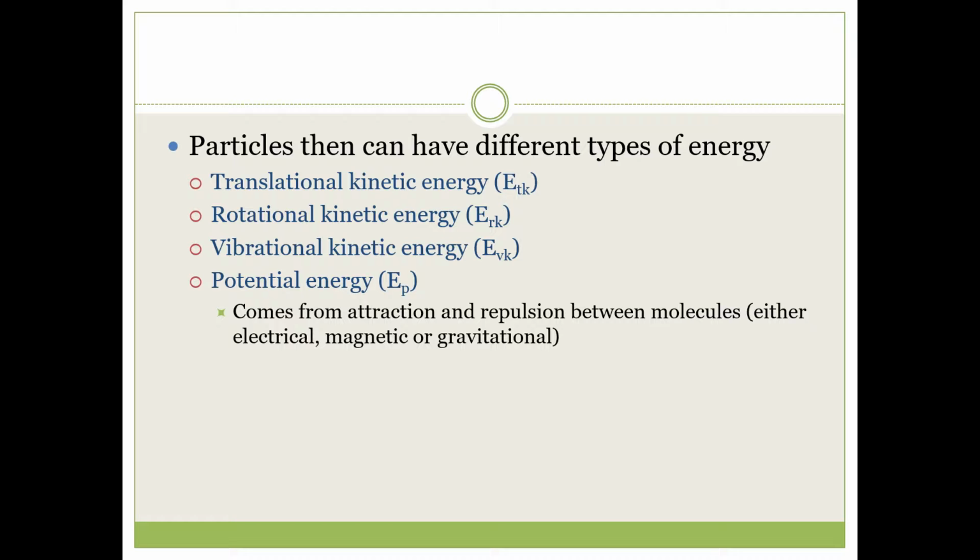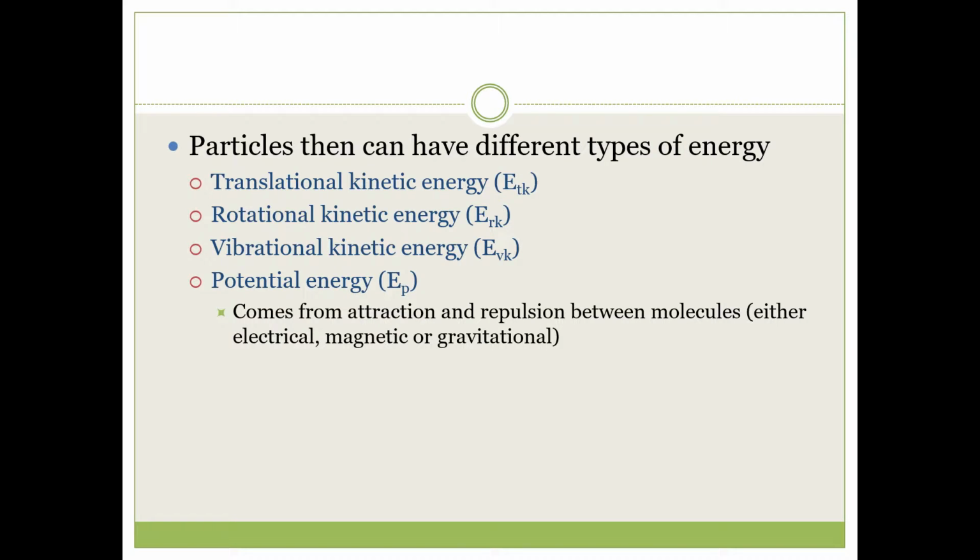And it still has potential energy. In the last unit we only discussed gravitational potential energy and elastic potential energy. But here I mentioned that the potential energy between molecules can also come from attraction and repulsion through electric forces, so in the case of static charges attracting or repelling each other.